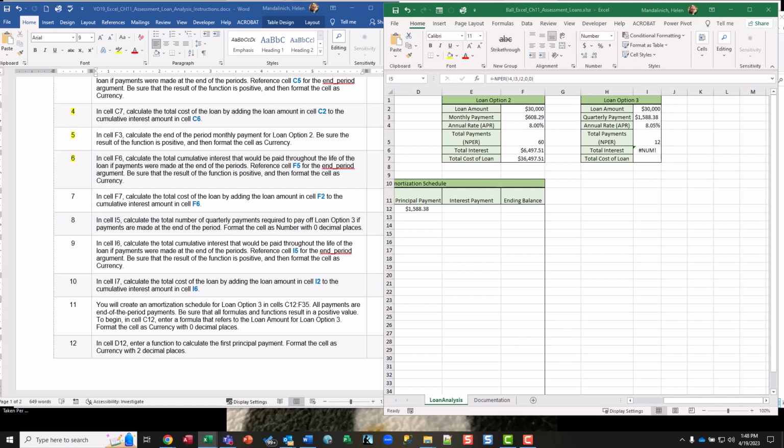It should be 24. So let's see what's going on. Once again, this is an annual rate. You didn't divide by how many times you make a payment, right? So quarterly. You always need to think about that. Divide by 4 because it says quarterly, where this one said monthly, so I divided by 12.